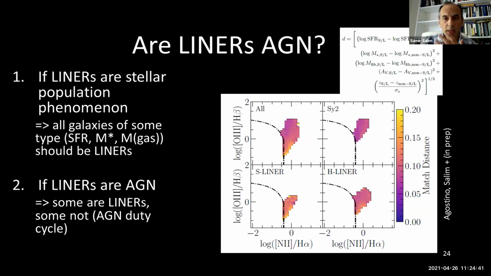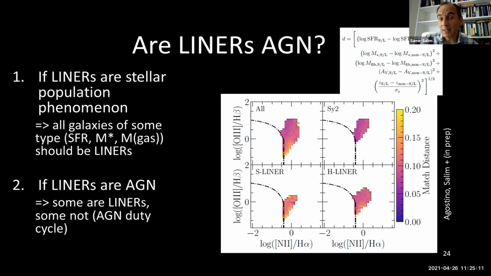Now, could LINERs be AGN, as some people think? We think it's quite plausible. One reason is that we always find a good match for a LINER among the non-LINERs. Whereas if this were purely a stellar population phenomenon, you would expect it to always be on, because if you have a stellar population, it should be doing that LINER thing. But we don't find that; we find it's either on or off.